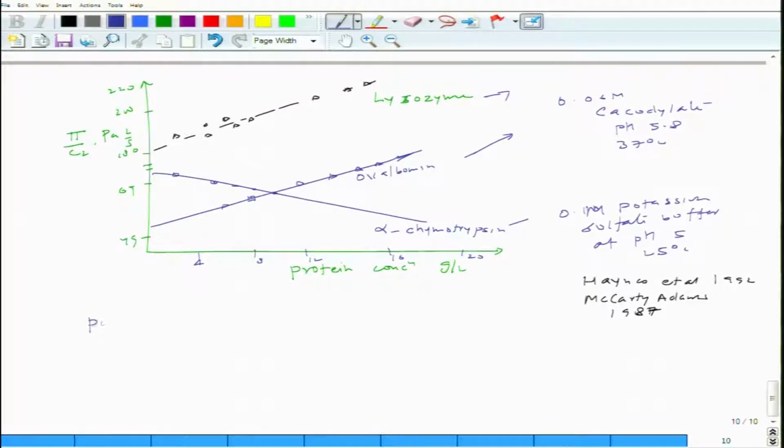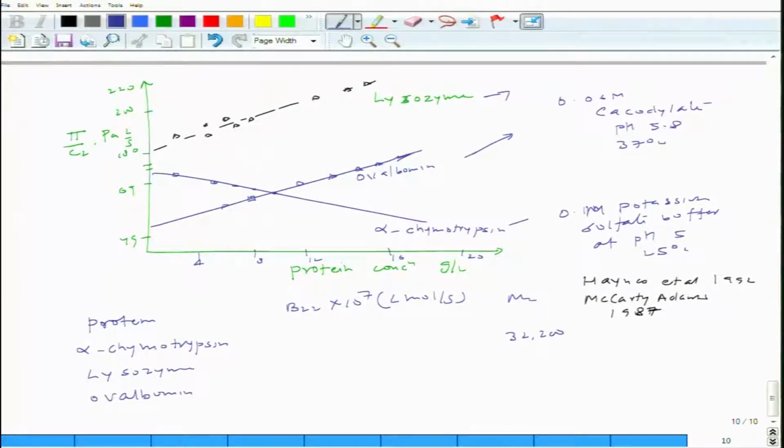So these are the proteins: alpha chymotrypsin, lysozyme and ovalbumin. B2 is calculated in units of 10⁻⁷ liter mole per gram, and the molecular weight is calculated, something like 32,200 gram per mole.